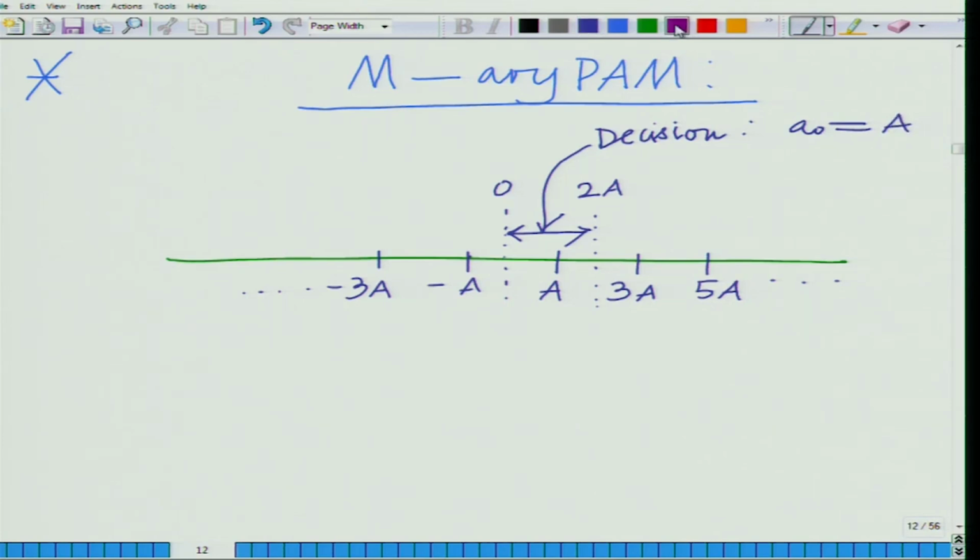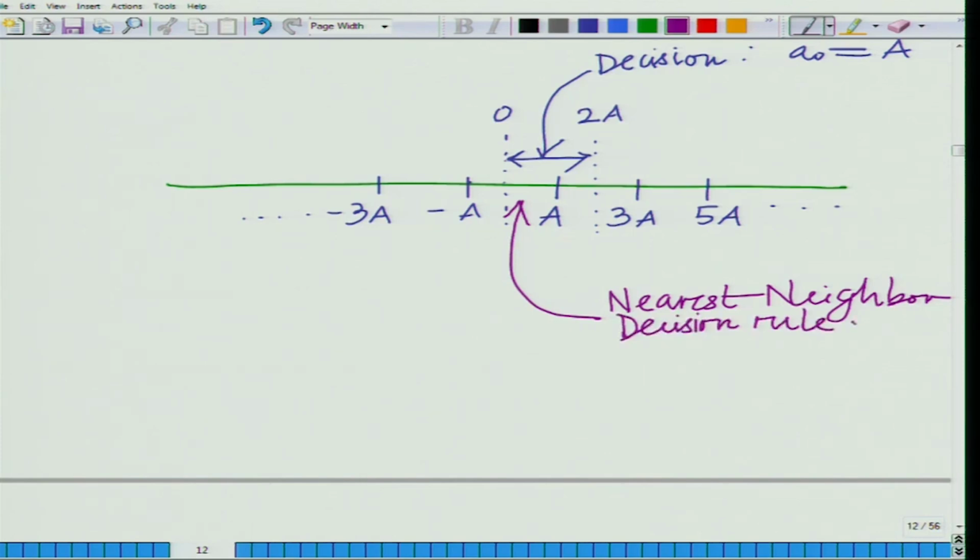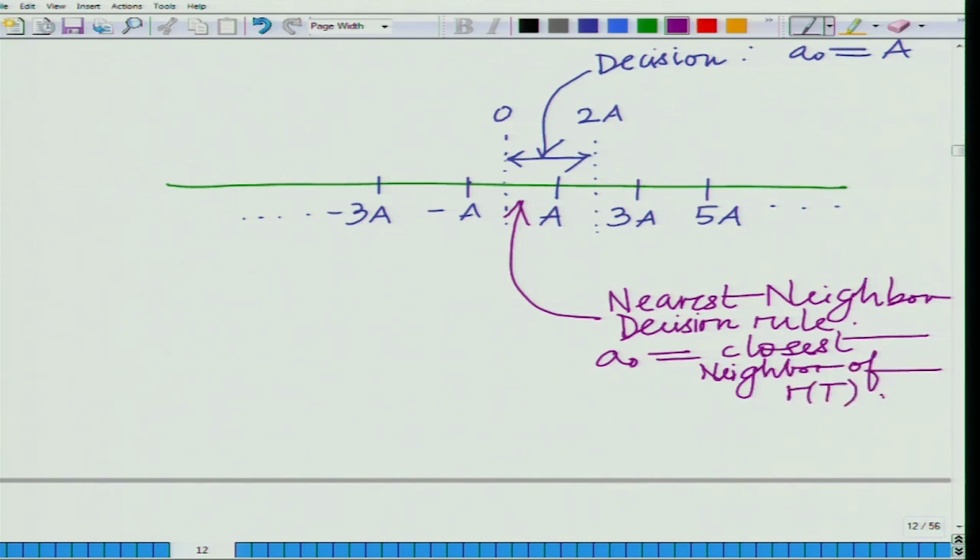We have also called this the nearest neighbor decision rule, that is, A naught equals the closest neighbor of RT.